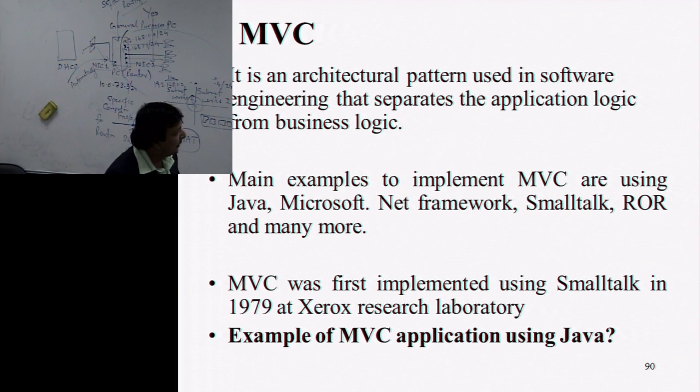Main examples to implement MVC are using Java, Microsoft .NET Framework, Smalltalk, Ruby on Rails, and many more. MVC was first implemented using Smalltalk in 1979, but it got popularity in 2000. But the idea was introduced in 1979.